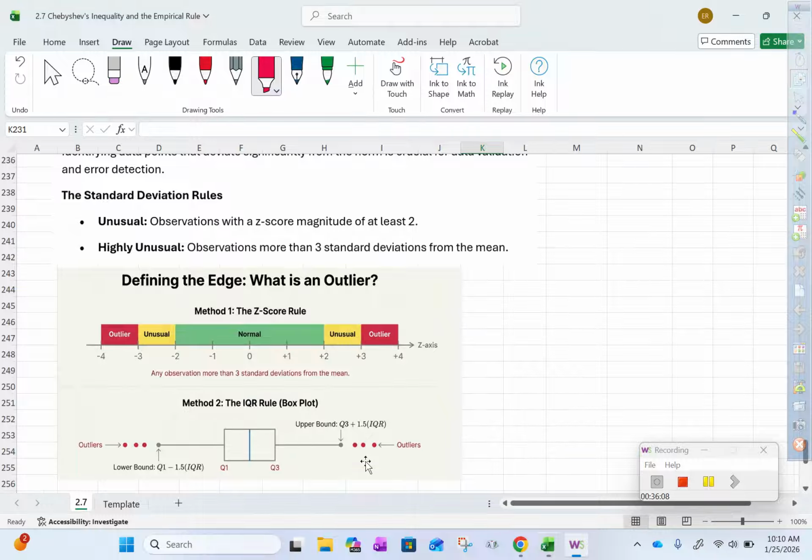One method is using the IQR rule. Another thing we can use is the z-score rule. So normal is within 2 standard deviations of the mean, and then outside of 2 is considered unusual, and outside of 3 is definitely an outlier. Now, I will tell you different books consider outliers differently.